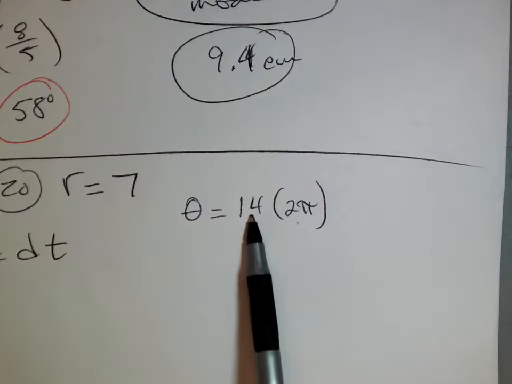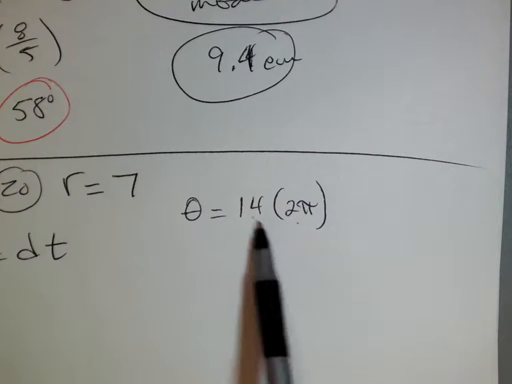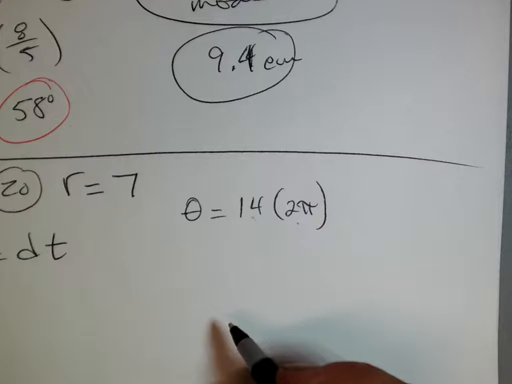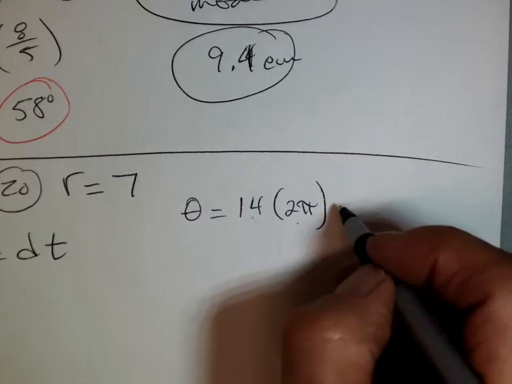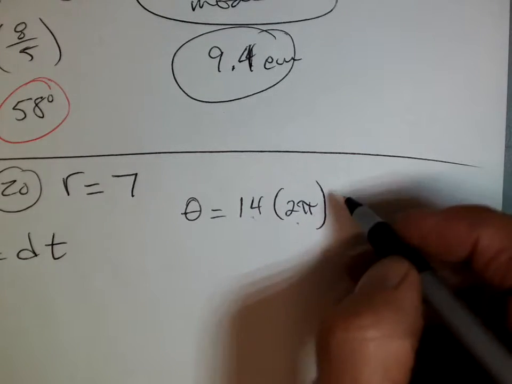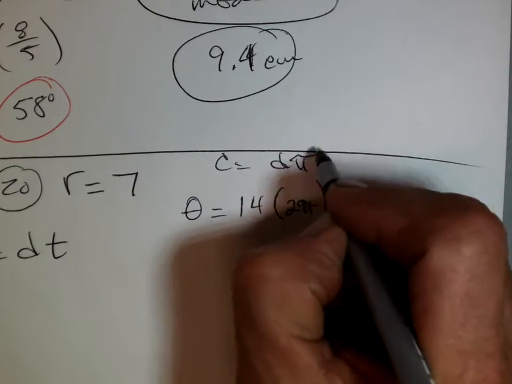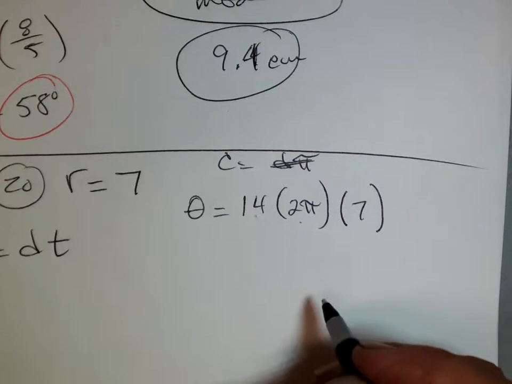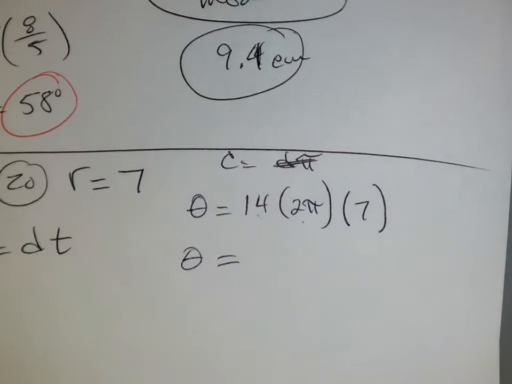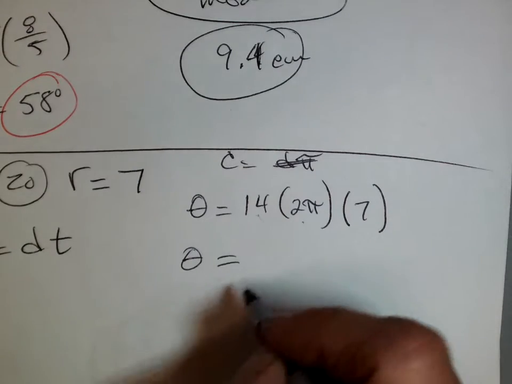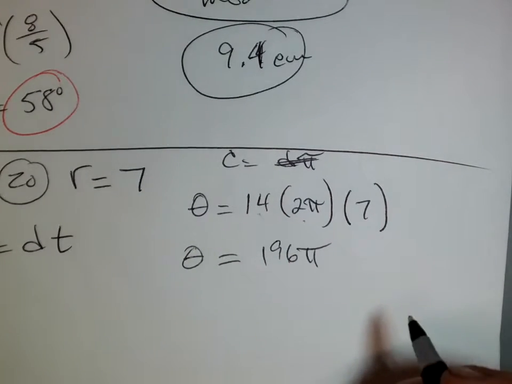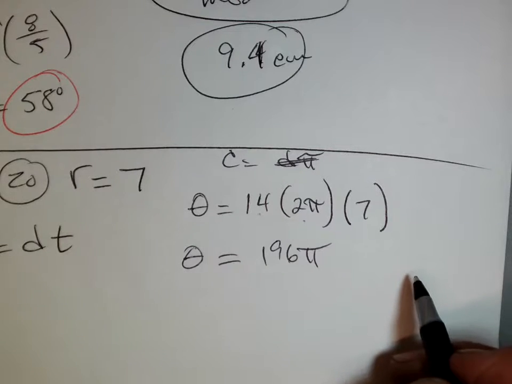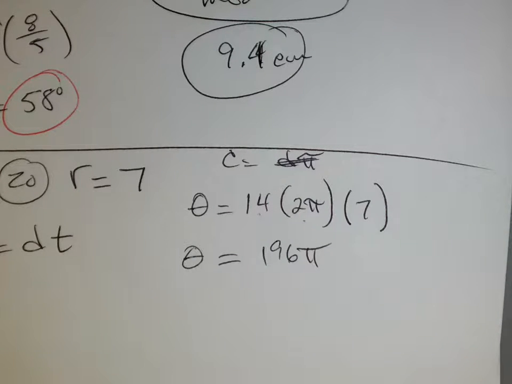Now, the next thing we do is take that and multiply it by our radius, because circumference is diameter times pi, or radius times 2 pi. So multiply that by 7, and so then theta is going to equal 14 times 2 times 7. I got 196 pi, and that's, in a sense, how far it's going to go in 1 second.